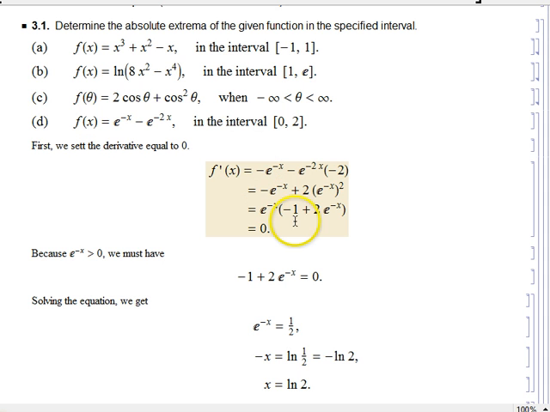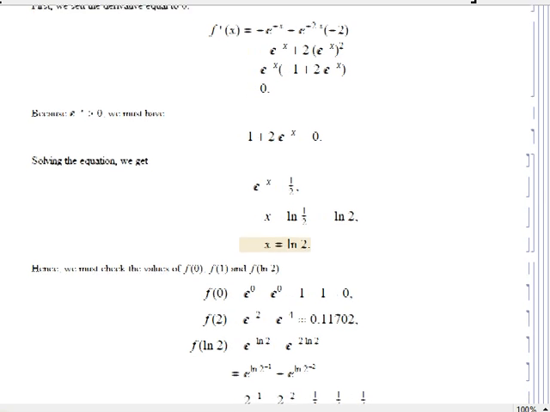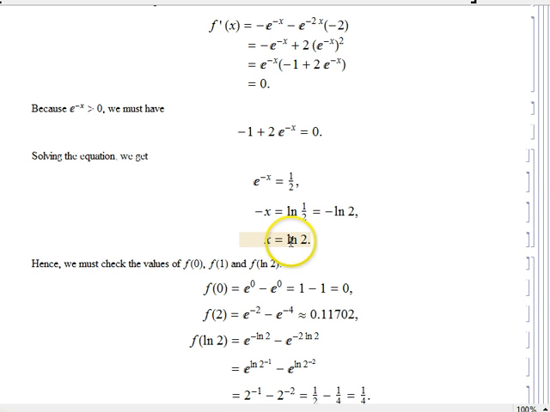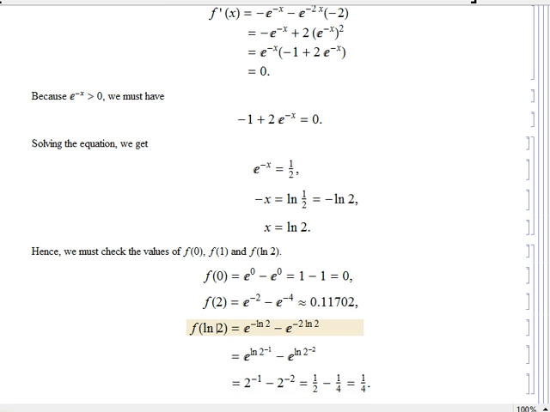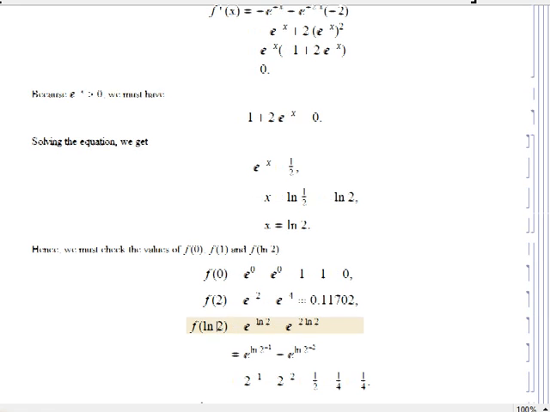Take the derivative and set it equal to 0, factor it, and then you end up with one factor equal to 0 because exponential is never 0. And it turned out we have a solution, and then plug in that solution, that critical number, and the endpoints. And the biggest is the global maximum, and the smallest is the global minimum.